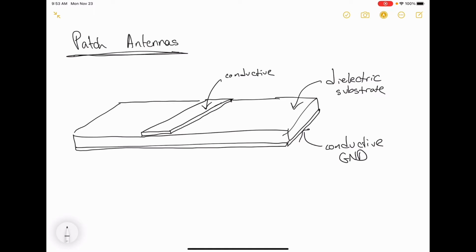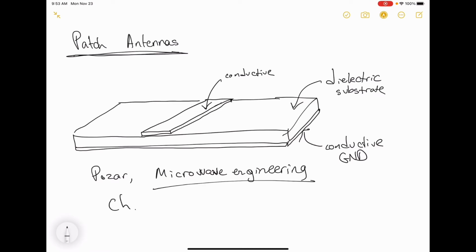If you want more information about how microstrip transmission line works, a good place to look is in Pozar, Microwave Engineering, Chapter 3. That'll explain about the physical structure of microstrip transmission line and how it works.